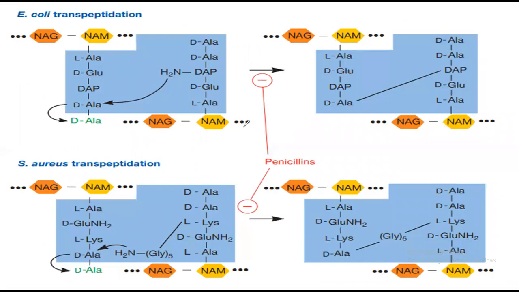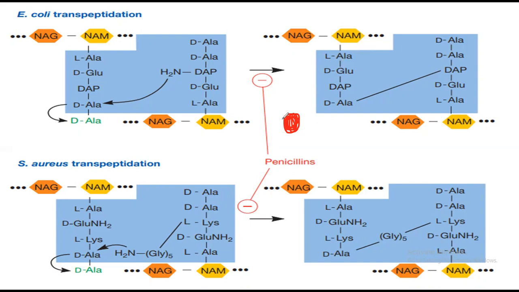Again, there is a special type of enzyme, the transpeptidase, that is involved in transpeptidation, and transpeptidation is when the two subunits of the peptidoglycan layer are linked by the interbridge. So what does penicillin do? Penicillin binds to the enzyme. For example, this is the enzyme that is involved in the transpeptidation reaction.